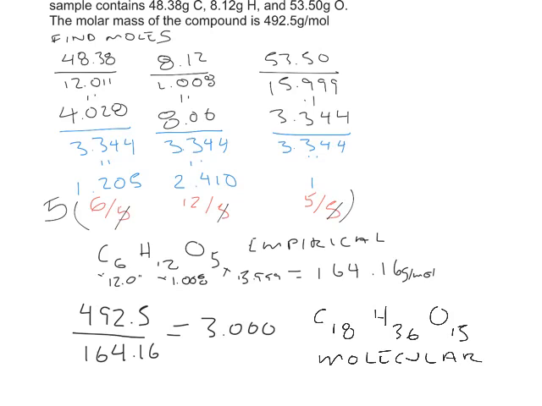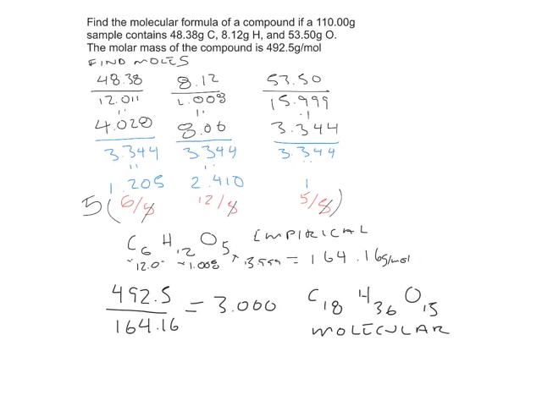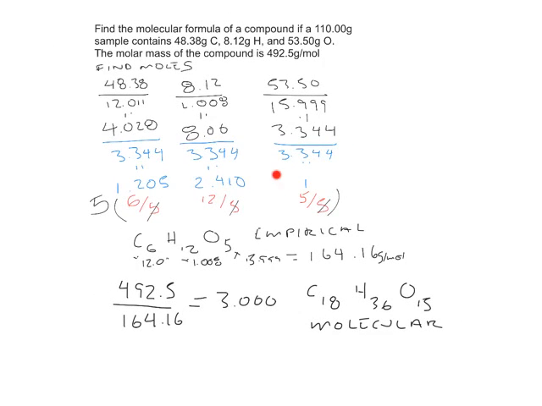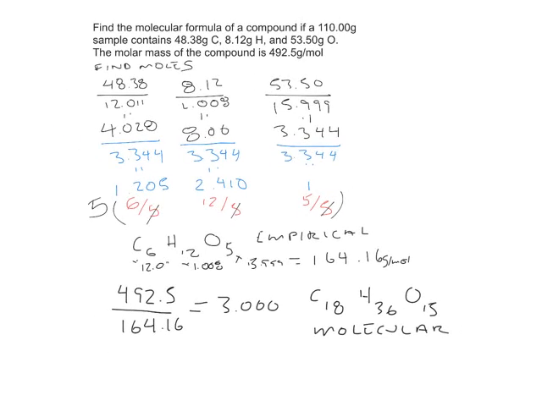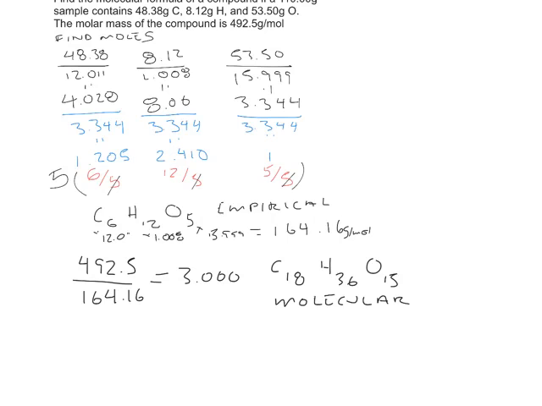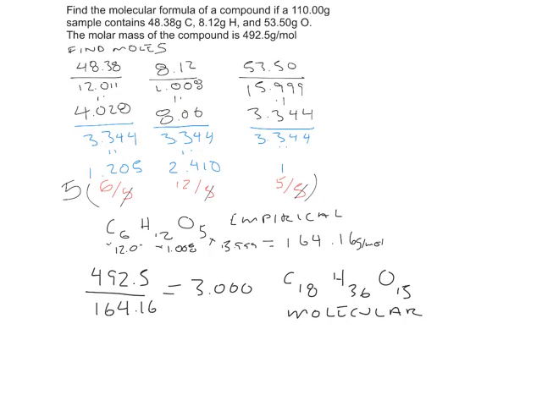And so this is going to be molecular. So if your problem asks for molecular formula, you just have one more step to do after you've done your empirical formula. So compute your empirical formula just like normal. Calculate its mass.